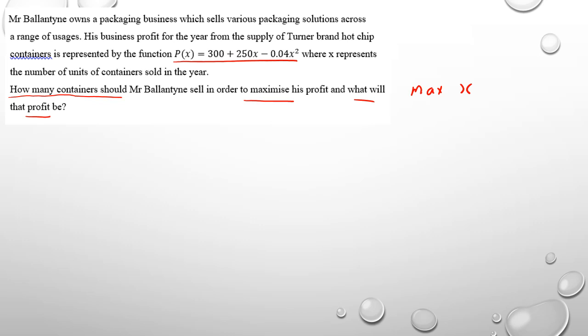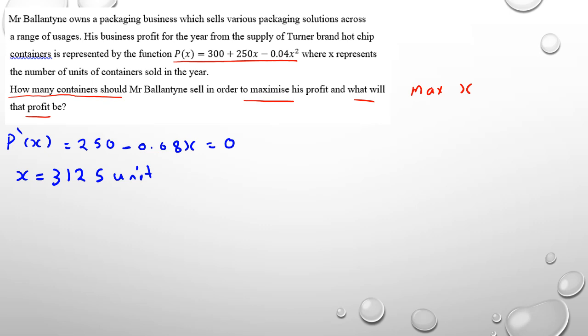Because they were talking about maximum, the first step you will do is you differentiate your profit function. So you will say P dash of x equals 250 minus 0.08x. Then you make it equal to 0, and then you solve it, and that gives you x is 3,125 units.